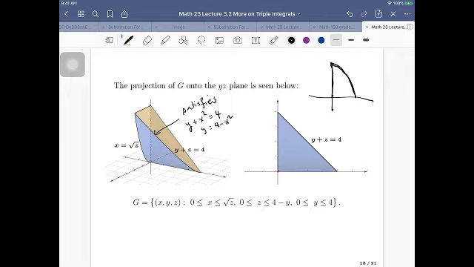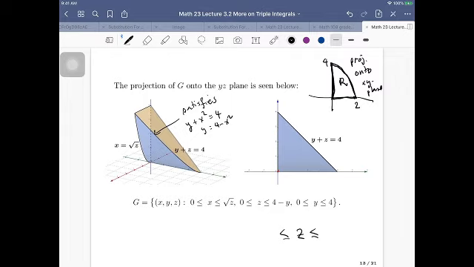Therefore, the projection will still be in the first quadrant. So this would be 2 and this would be 4. And this is your projection onto the xy plane.